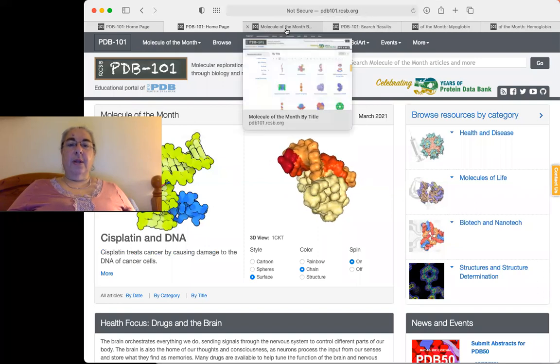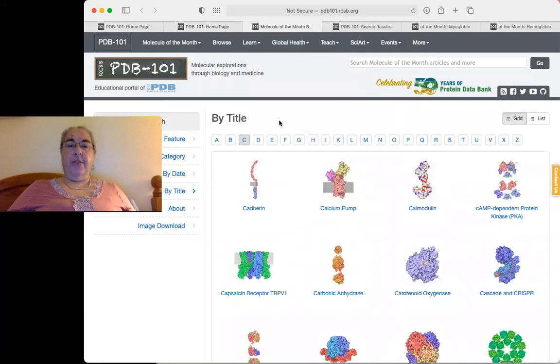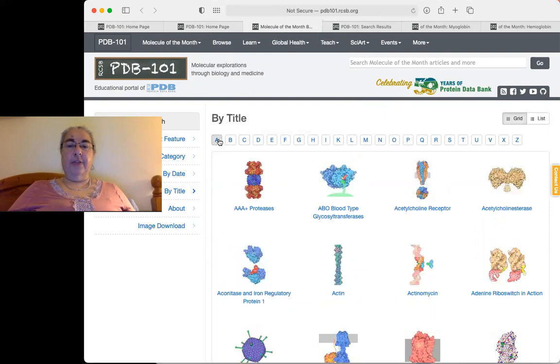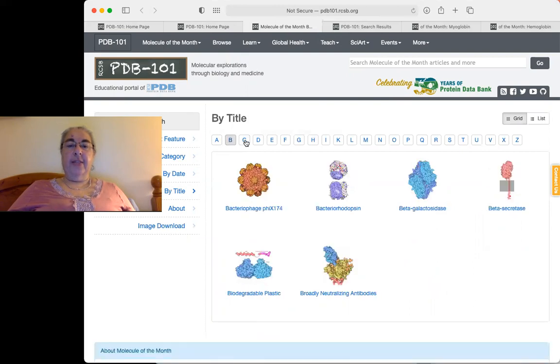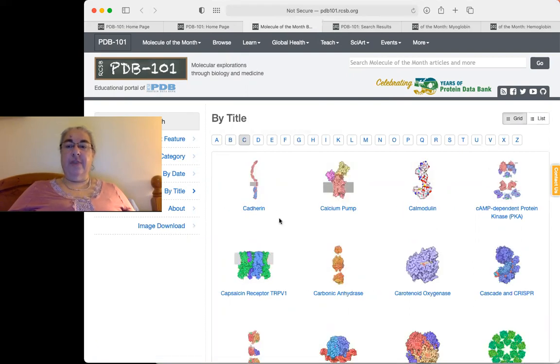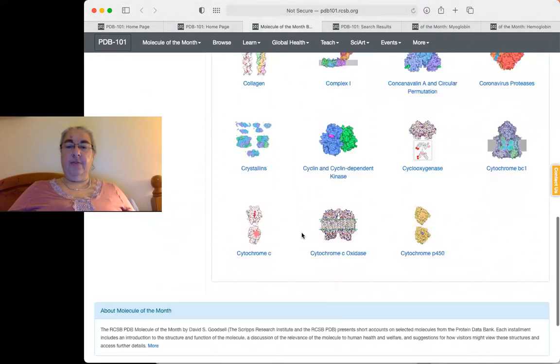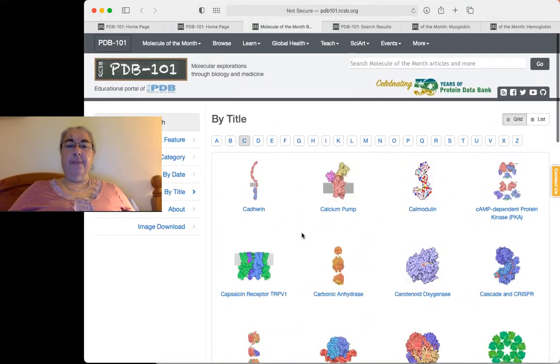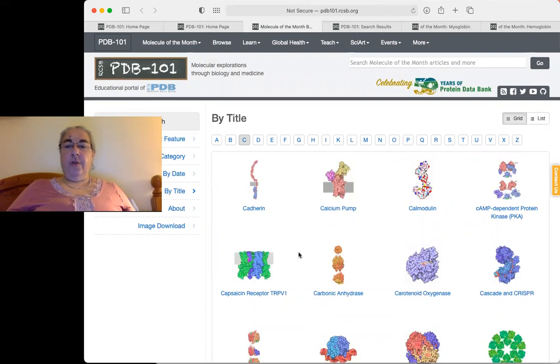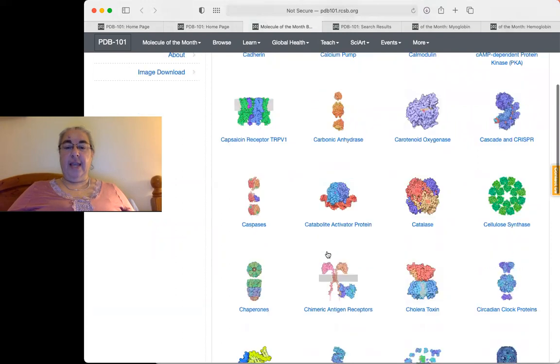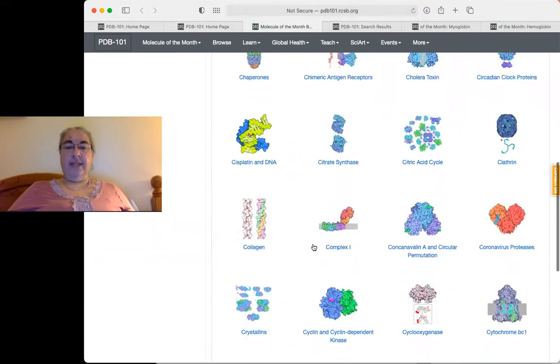So if you go to molecule of the month, you can arrange them by title, and then you can just browse through alphabetically the different molecules that have been featured as molecule of the month. A lot of them begin with C for some reason. And one of the molecules that you can see here under C is collagen.